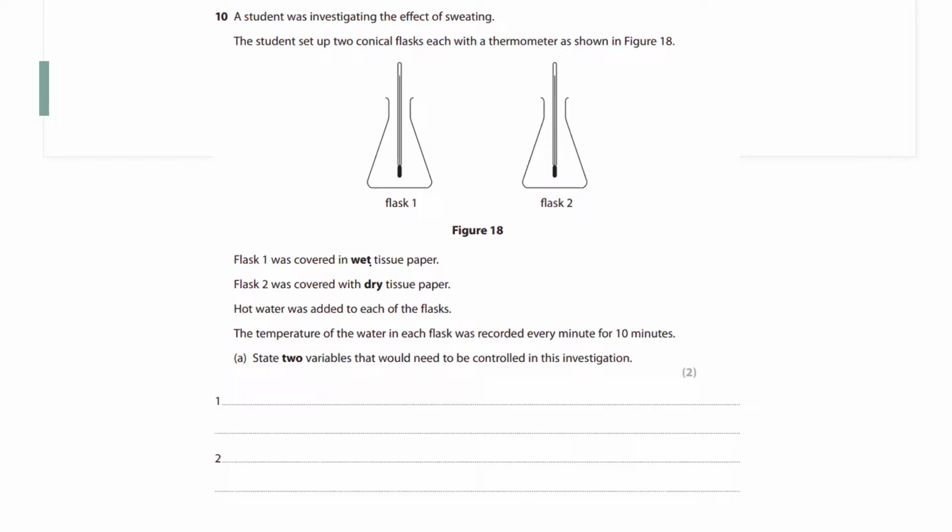Flask 1 was covered in wet tissue paper, so let's draw that on there. Flask 2 was covered in dry tissue paper.